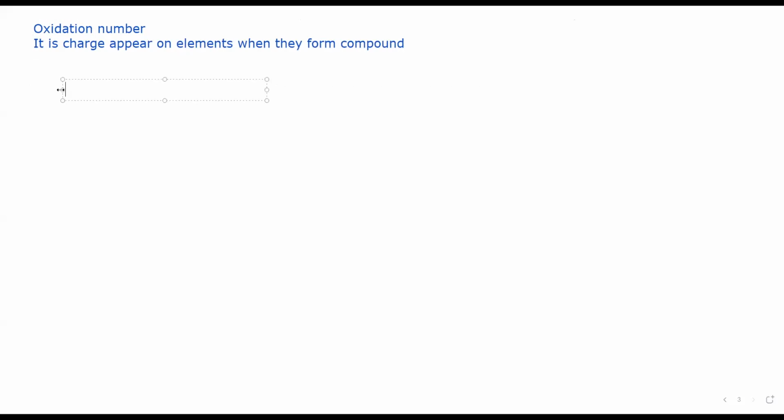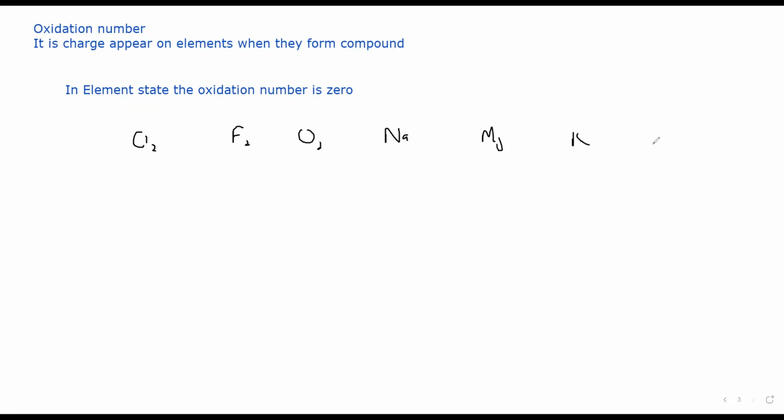First thing, in the element state the oxidation number is always 0. When you have an element, for example chlorine Cl2, fluorine F2, oxygen O2, sodium Na, magnesium Mg, potassium K, copper Cu, these are all elements.